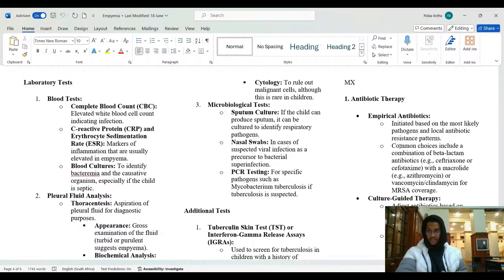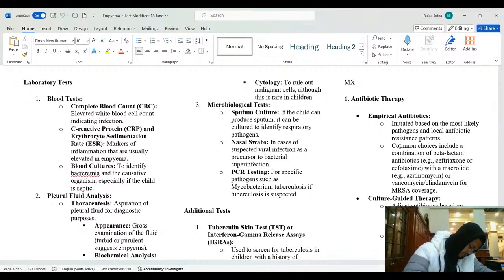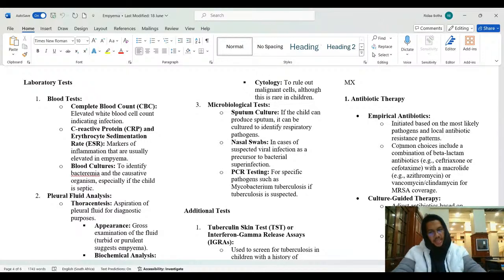Common choices include a beta lactam, for example ceftriaxone or cefotaxime, plus azithromycin or vancomycin or clindamycin, which covers MRSA, methicillin-resistant Staphylococcus aureus.